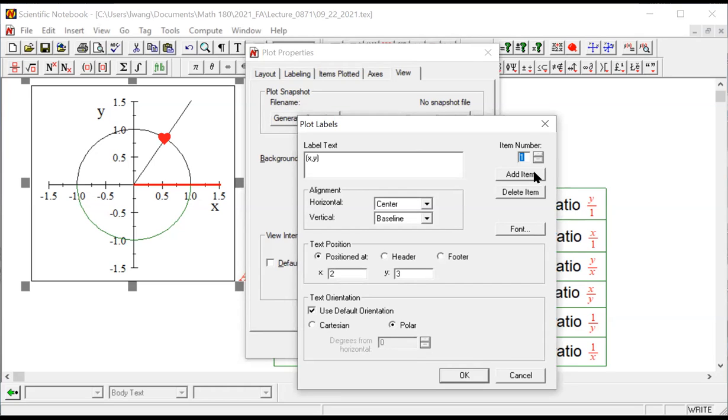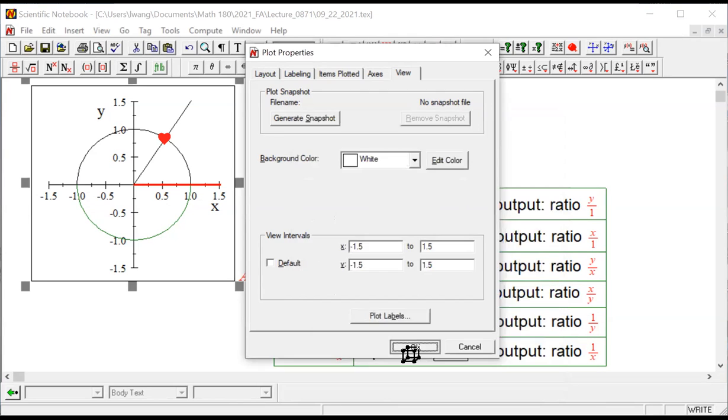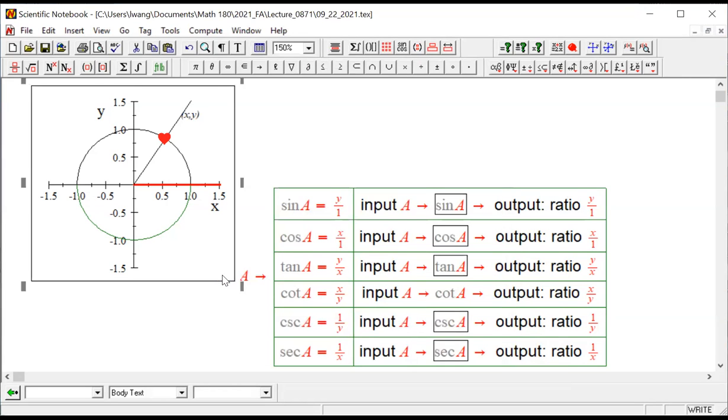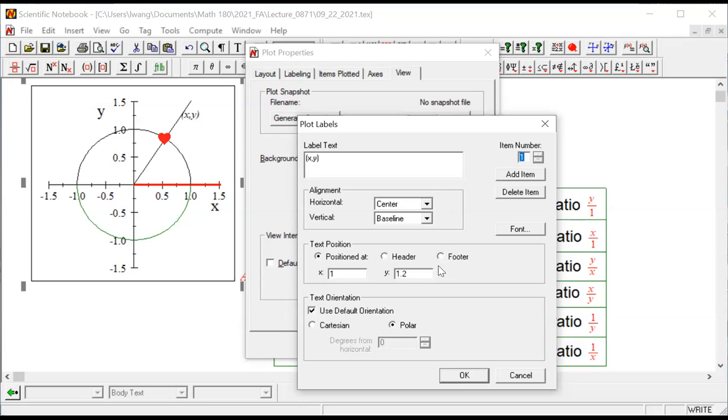I want you guys to draw a unit circle now. Let's see. I'm going to have 1. I just want to put the point in the right place.